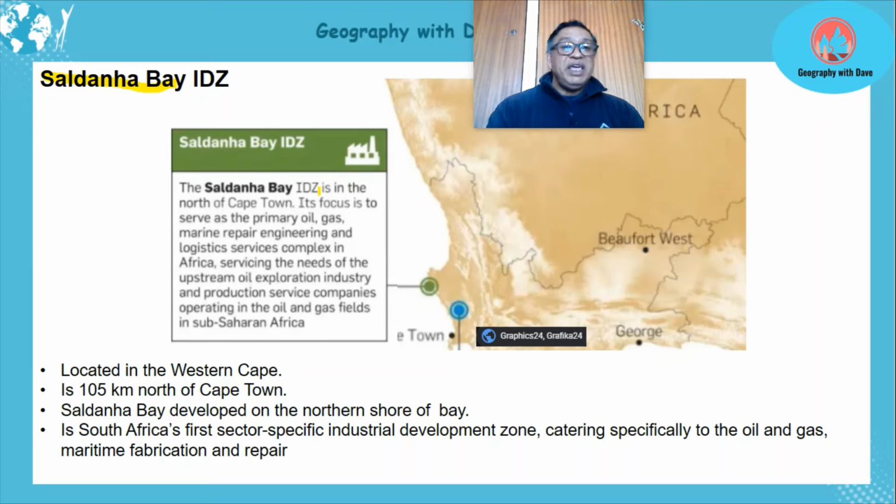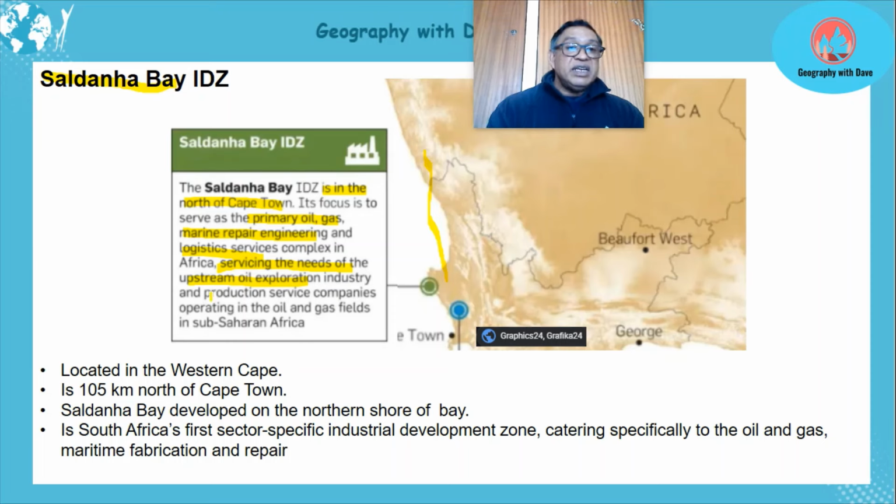The Saldanha Bay is north of Cape Town, very important. It focuses to service the primary oil, gas, and marine repair engineering. It's right there at the harbor. Logistic services in Africa, serving the needs of upstream exploration. Down here, upstream exploration.